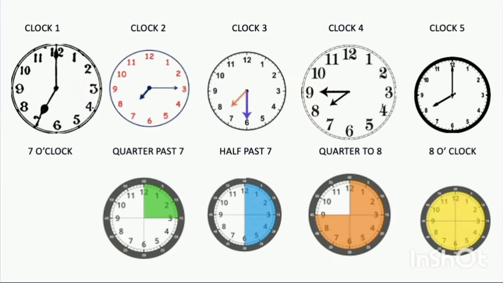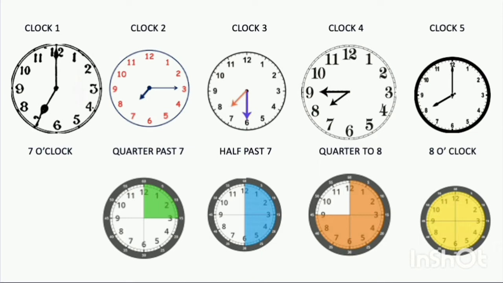Now, children, look at the time shown on the clocks. The hour hand tells us the hour that has been crossed. When the minute hand is at 12, the time is the exact hour shown by the hour hand.